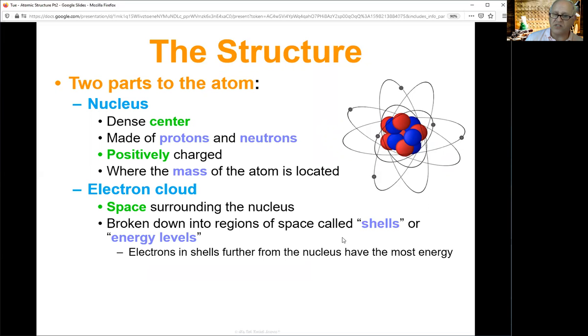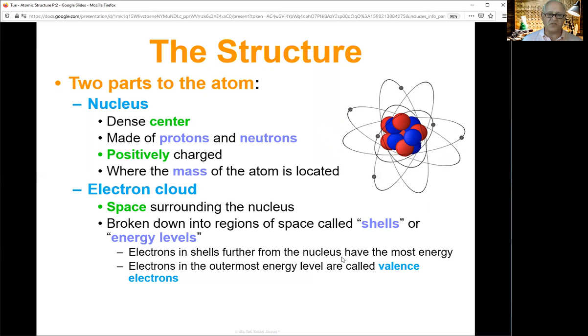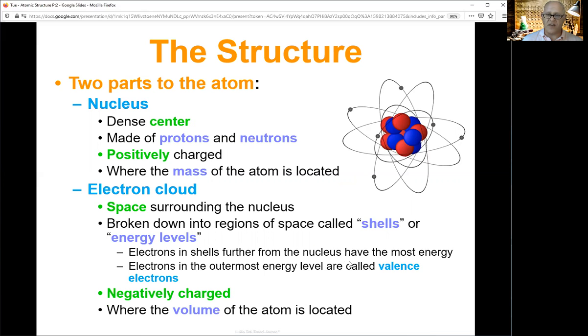The electrons in the shells further from the nucleus have the most energy, and the electrons in the outermost energy level are called valence electrons. When we move into the Bohr model in a couple of days, you'll see how that actually works. Remember, the electron cloud is negatively charged, and that is where the volume of the atom is located.